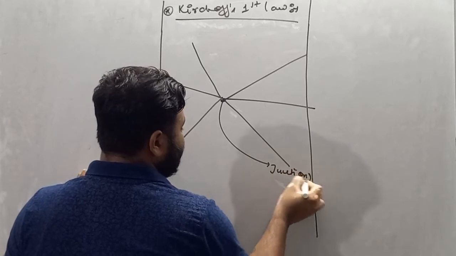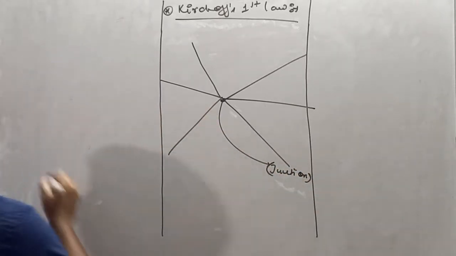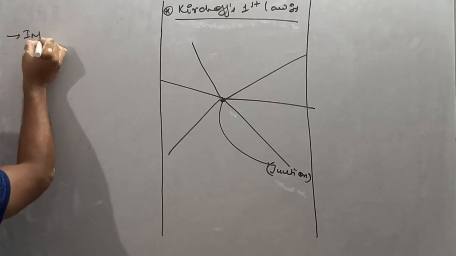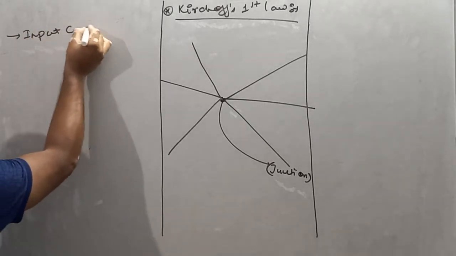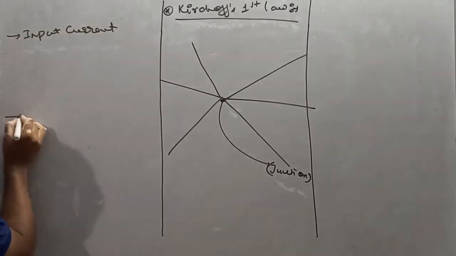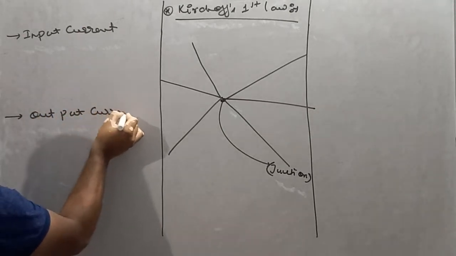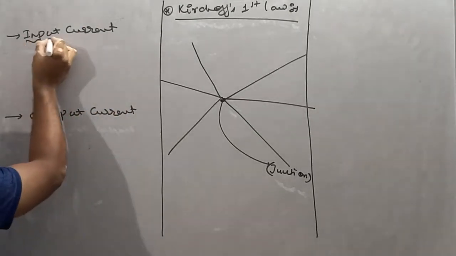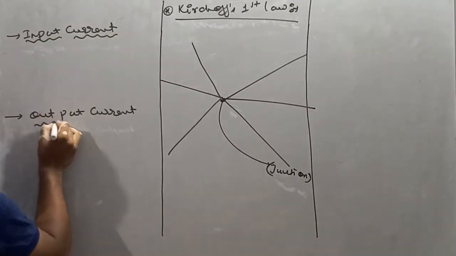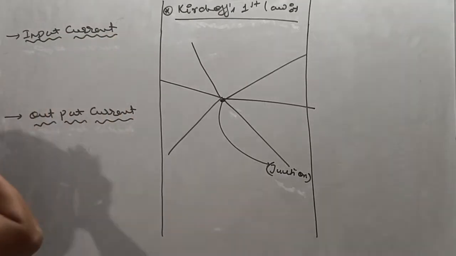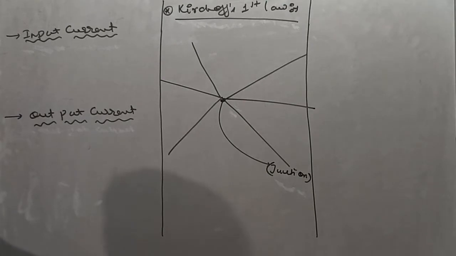Now see, my dear student, there are two new terms. One is input current, and second is output current. We'll discuss what actually input current is and what actually output current is.